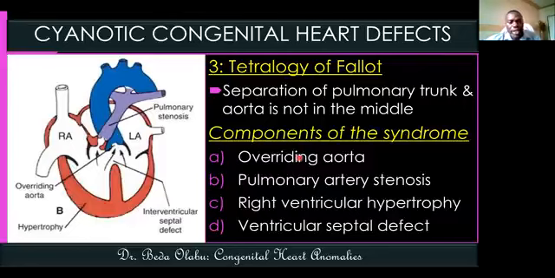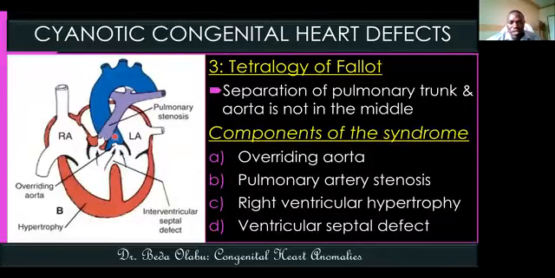Okay, you're partly right, but I understand why you say whatever you're saying. So the concept is that blood in the right ventricle is actually entering the aorta. Because we've said that you have an overriding aorta that is receiving blood from both ventricles. Remember, the septum between the pulmonary trunk and the aorta is intact.